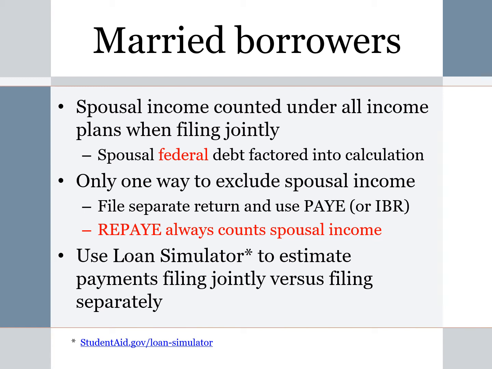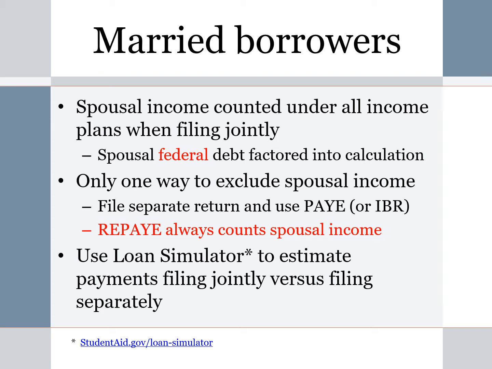There is only one way to exclude spousal income if spousal income is driving your payment up, and that is to file a separate tax return and use either PAYE or the much older income-based repayment plan known as IBR. REPAYE, the most recent income-driven repayment plan, always counts spousal income regardless of how you file your tax returns.